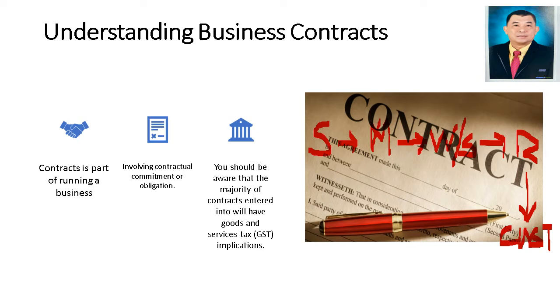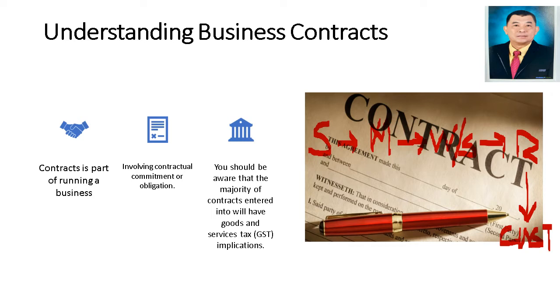There might be a procurement of goods and services, maybe as a borrower of money or in rental agreements, or maybe franchise agreements, being a supplier of goods and services, a retailer, a wholesaler, and maybe an independent contractor.